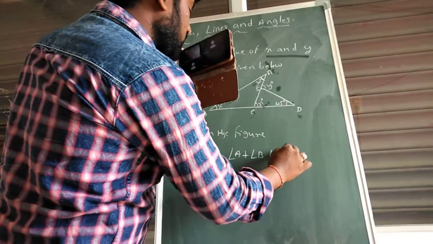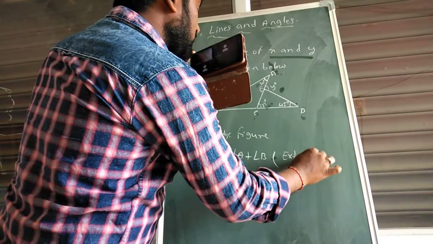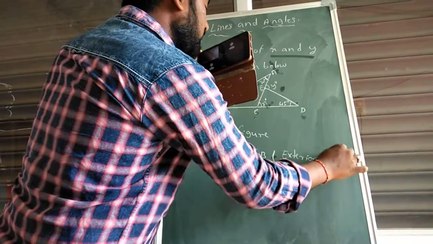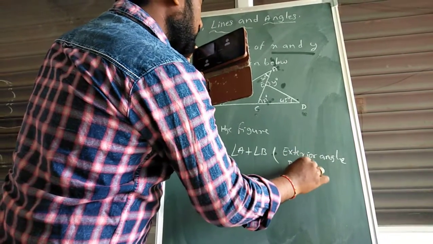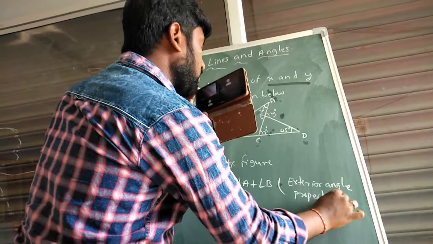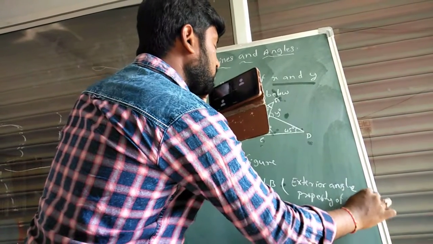So this is the exterior angle property of a triangle.